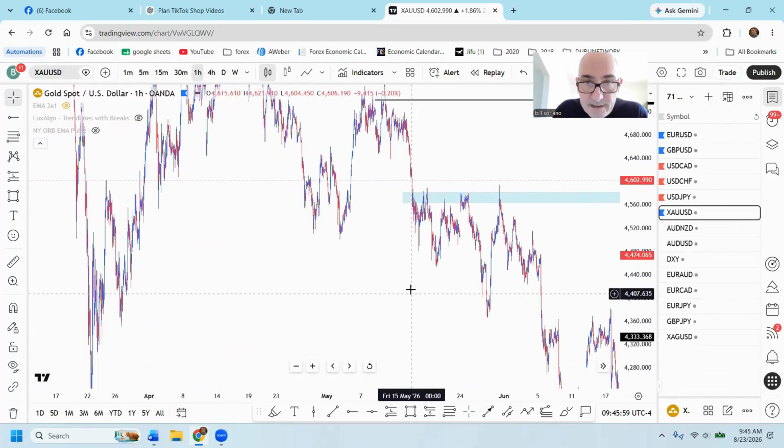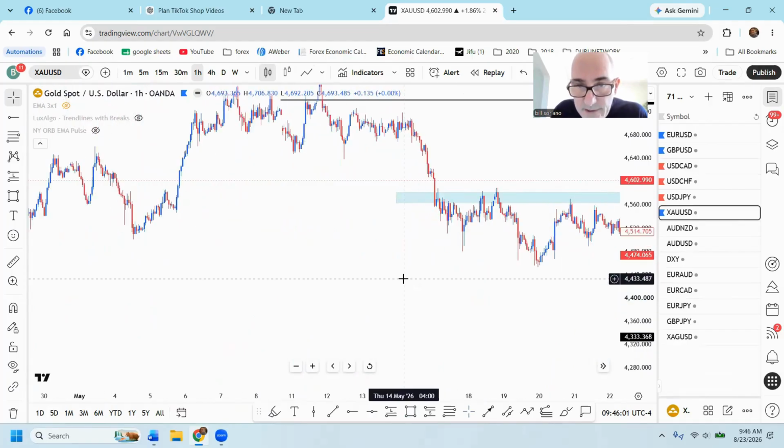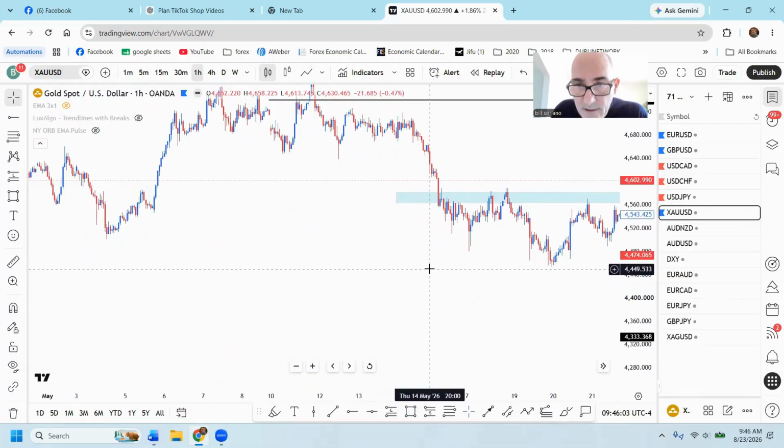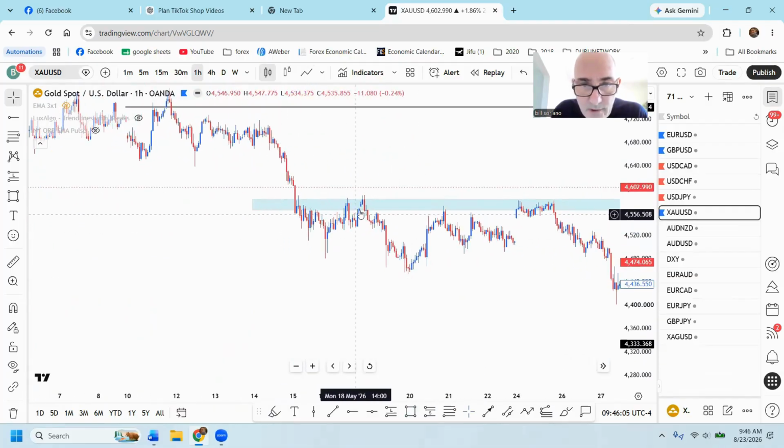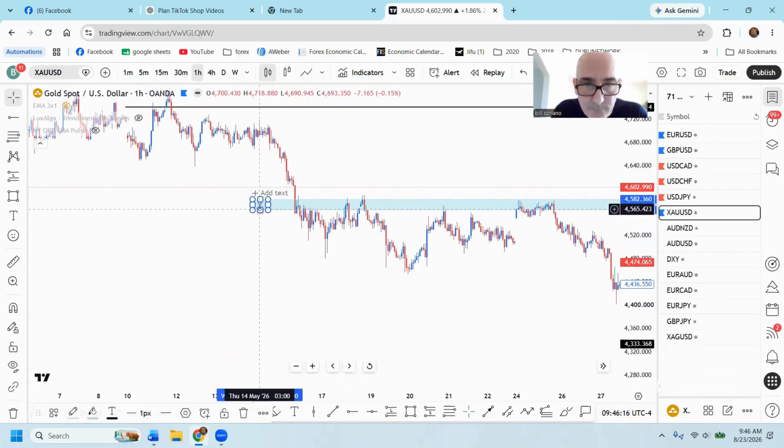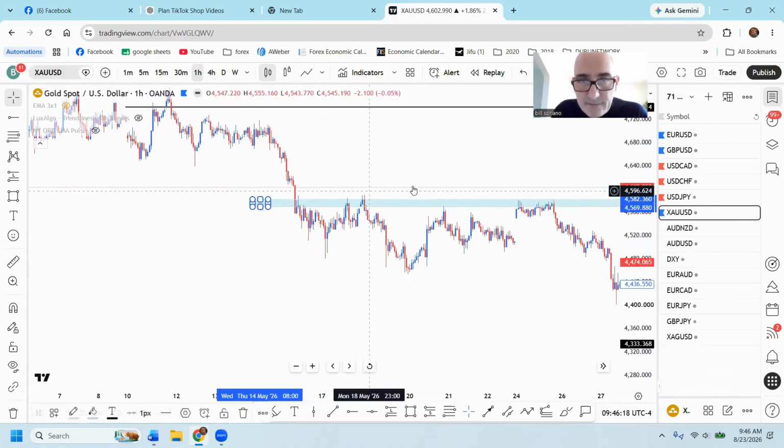And so now we need a blue body candle, right? And we kind of have this blue body candle right here, right? Sometimes I combine a couple candles, like see how this one and this one here, I'm just gonna shrink this up a little bit like that.